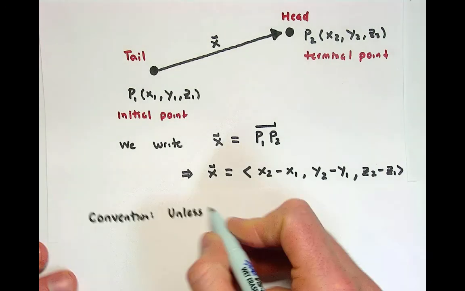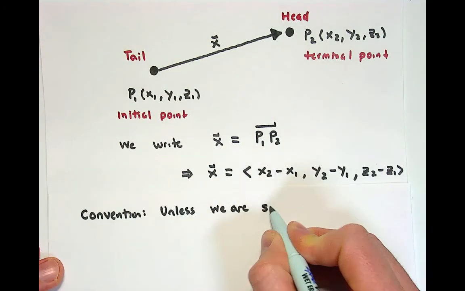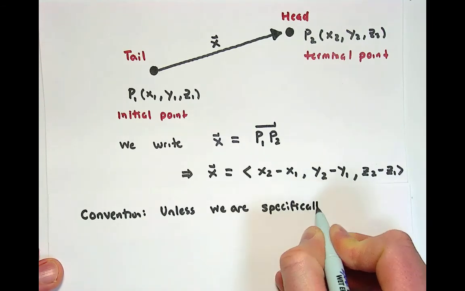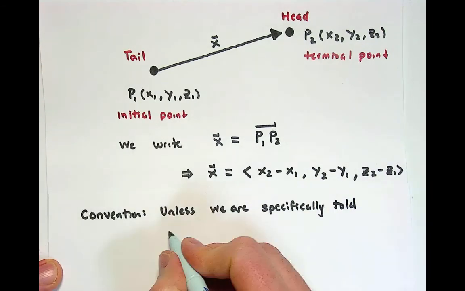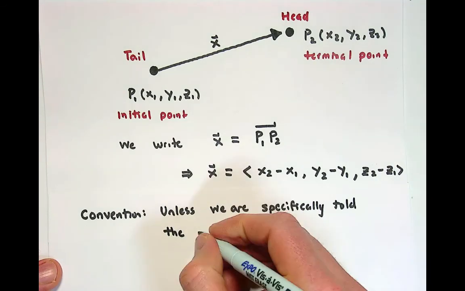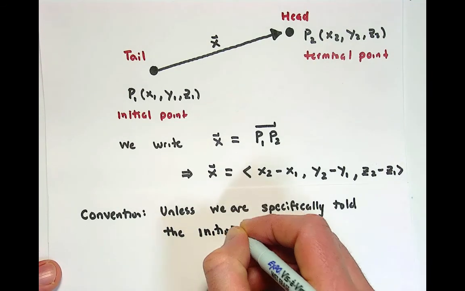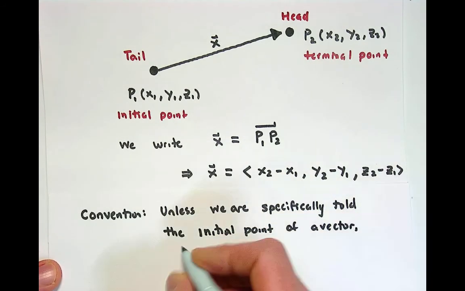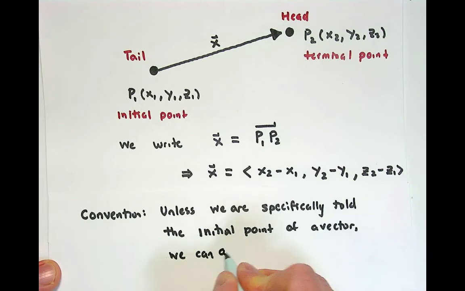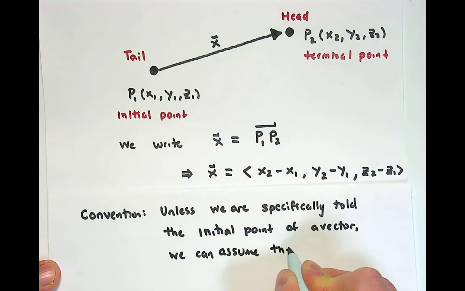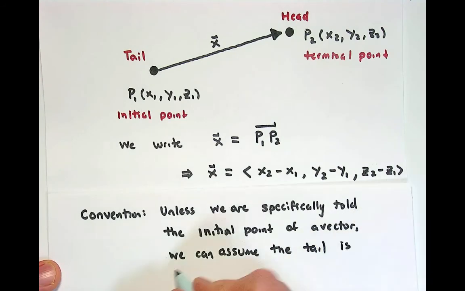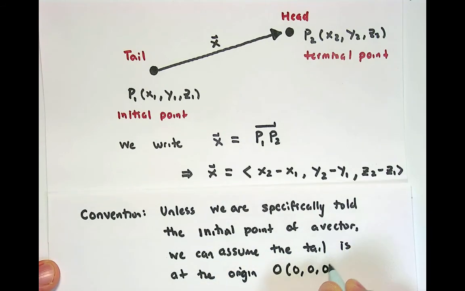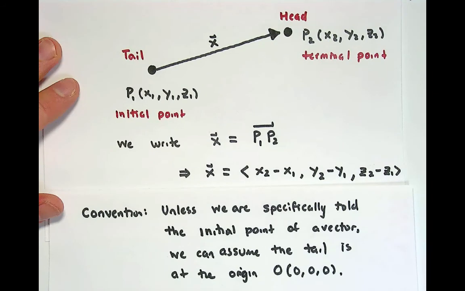Unless we are specifically told the initial point of a vector, we can assume the tail is at the origin. In R3, 0, 0, 0. That's just a way to work with this.